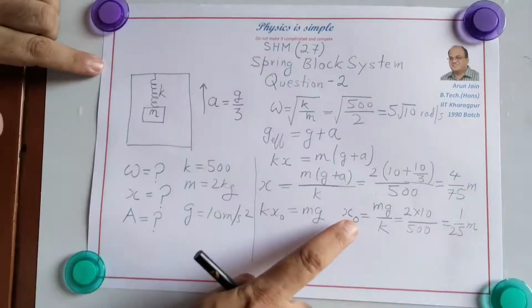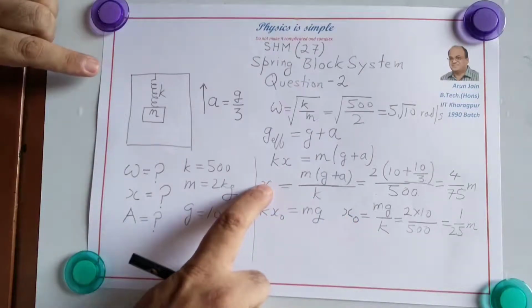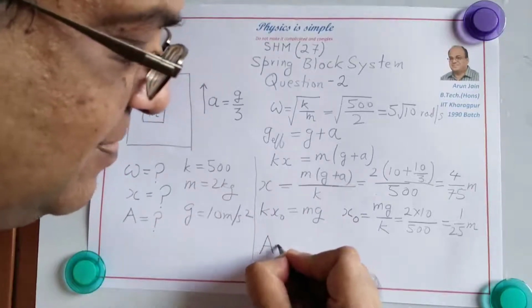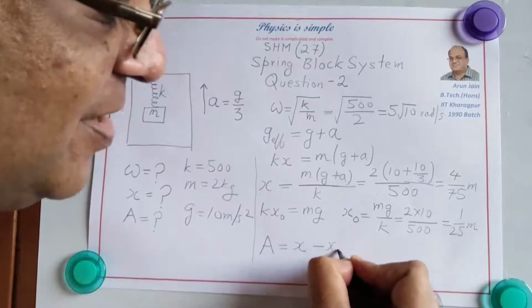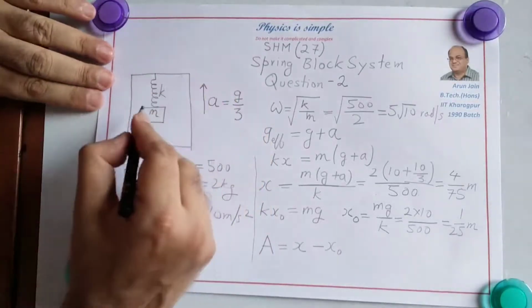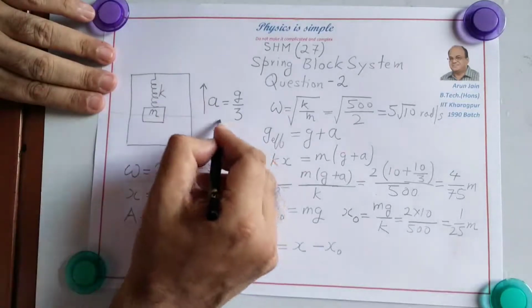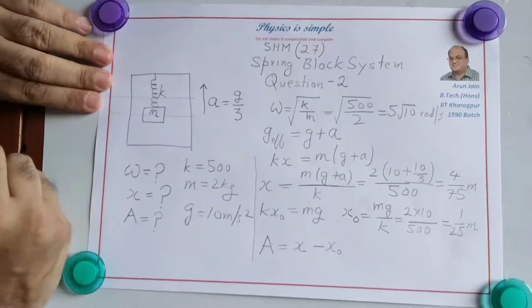So this is the equilibrium position, and this is the extreme position. So therefore the amplitude of oscillation is x minus x naught. When the lift was accelerating upwards, the block was here. Now, when the acceleration of the lift stops, this is the position where net force is 0.